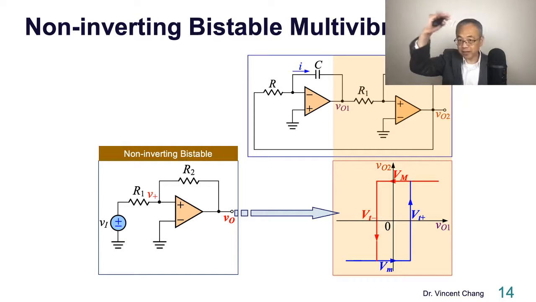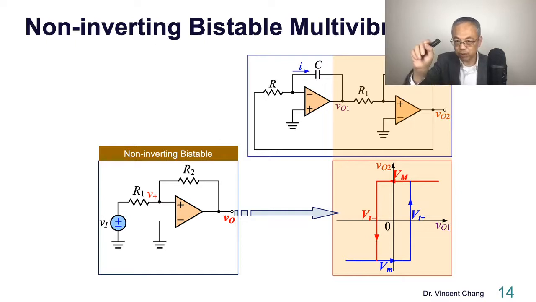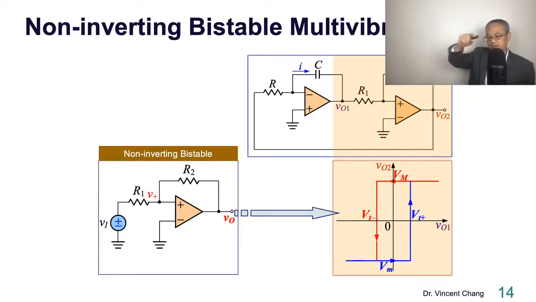The rest state, the high state, and the threshold is negative, VT negative. Red, red, blue, blue. Red, red, blue, blue. It's counterclockwise.